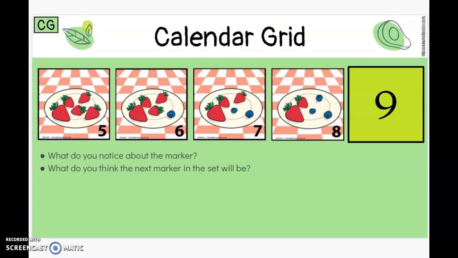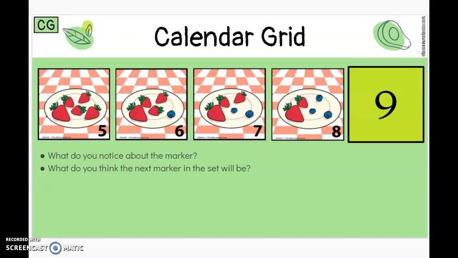Show a connection if you're noticing we still have 5 pieces of fruit. Well, we do. 1, 2, 3, 4, 5. You may have noticed that now we only have 2 strawberries, and we have 1, 2, 3 blueberries.